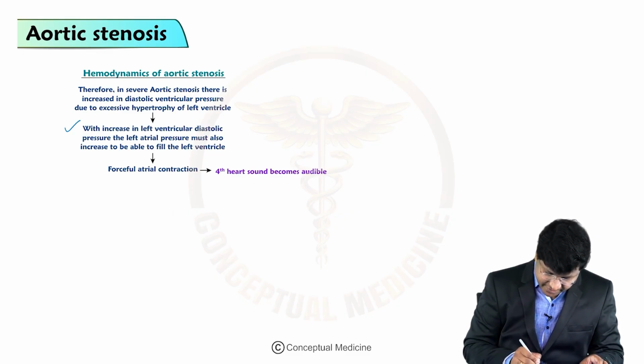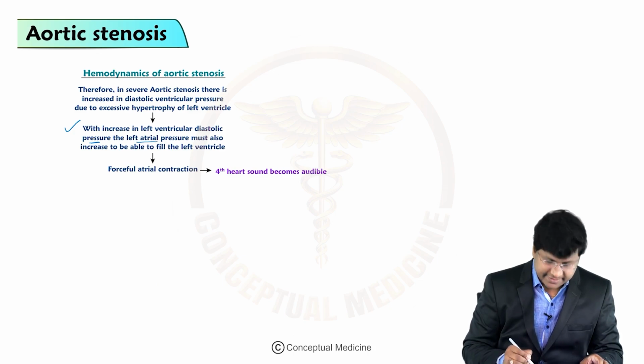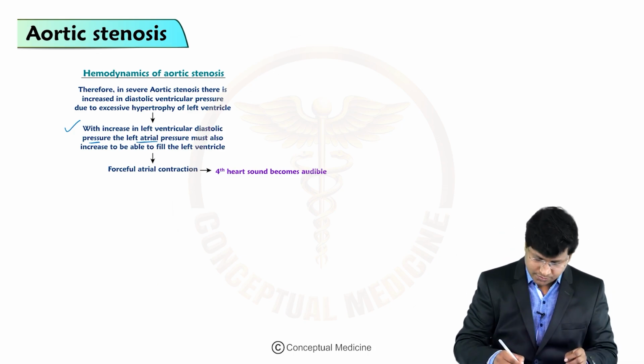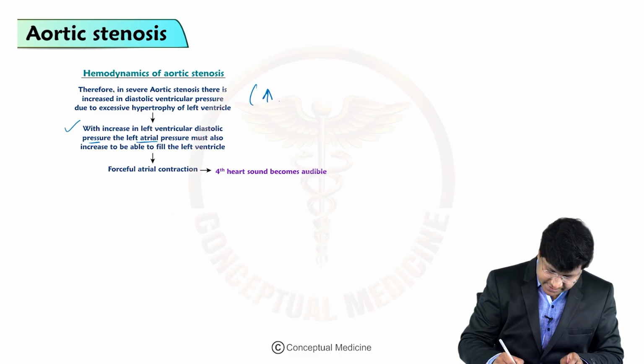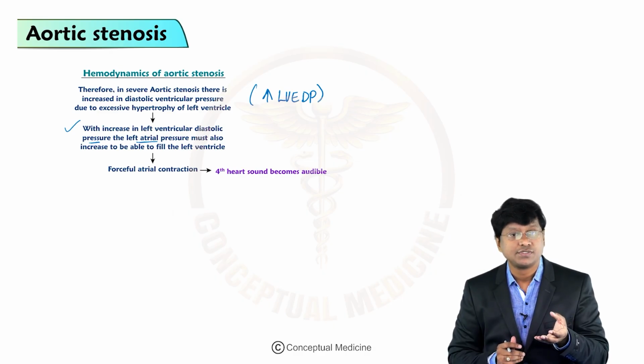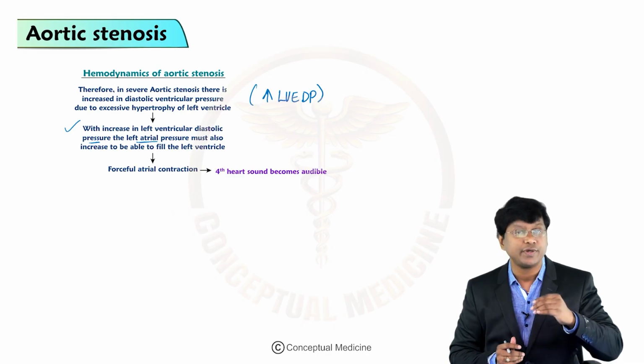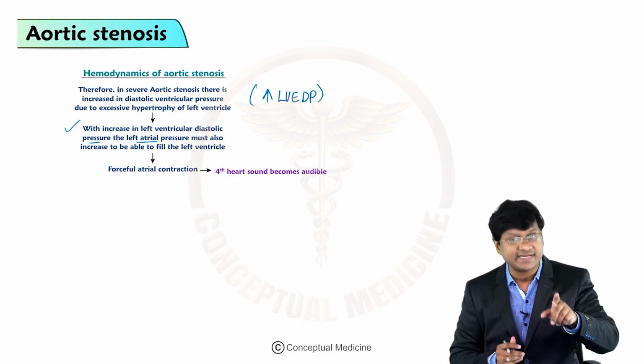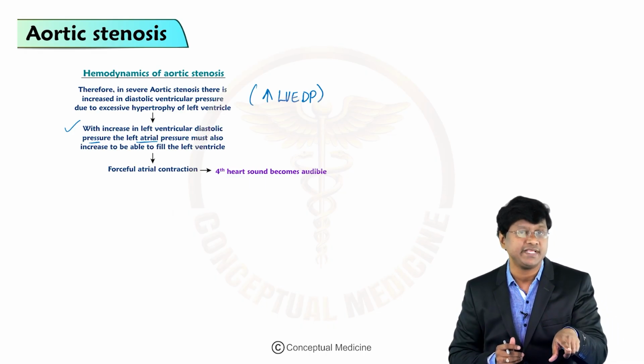With increase in left ventricular diastolic pressure, subsequently there will be increase in the left atrial pressure. So what will happen is there will be increase in left ventricular end diastolic pressure, right? Why? Because the left ventricle is unable to empty the blood into the aorta when there is severe aortic stenosis. Complete emptying is not taking place.